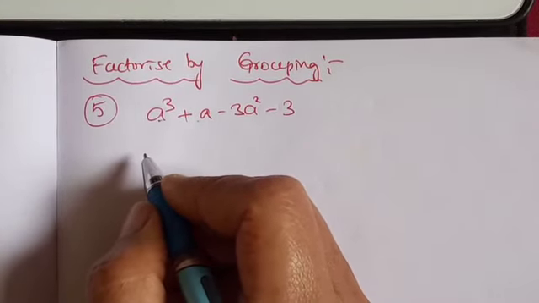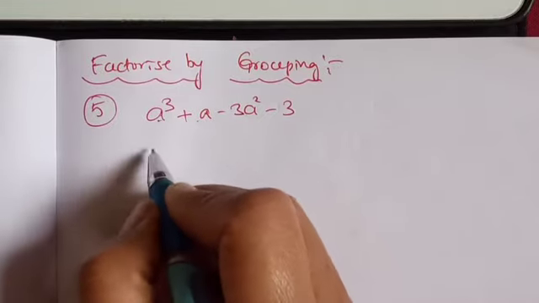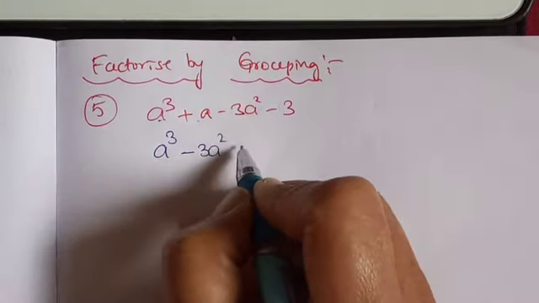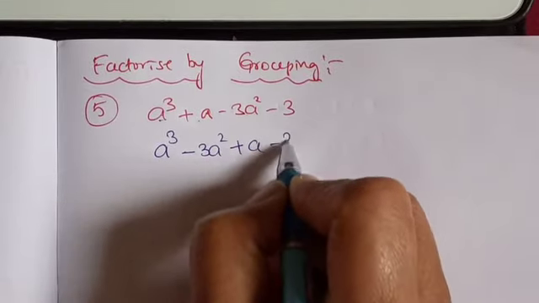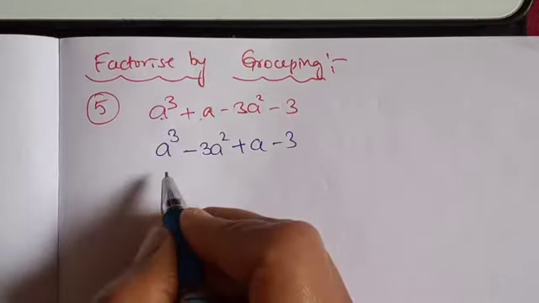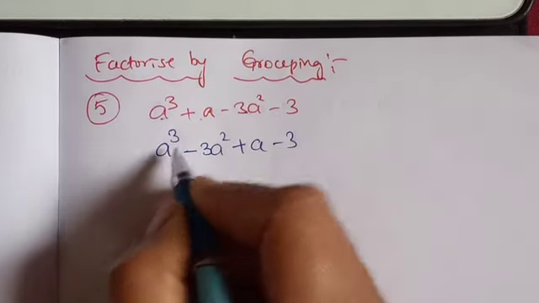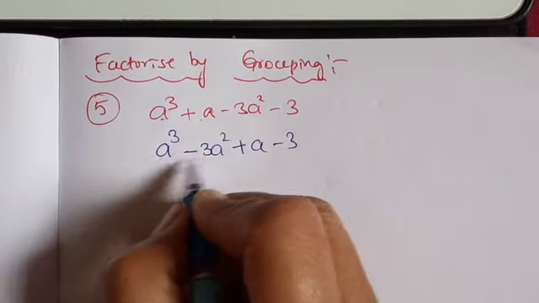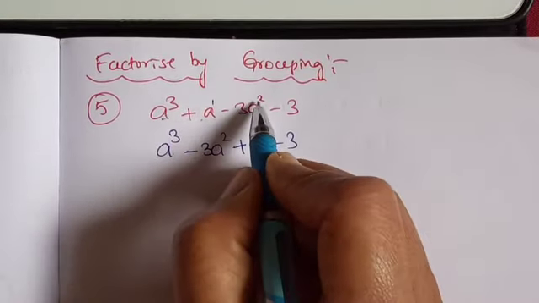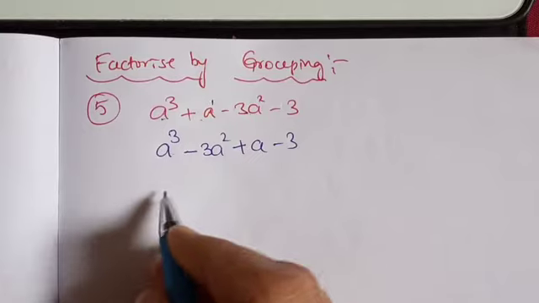How can we write? a cube minus 3a square plus a minus 3. To understand easily and make the factorization part very clear, because here a cube and the power is 1 and the power is 2, I'm just writing in descending order.